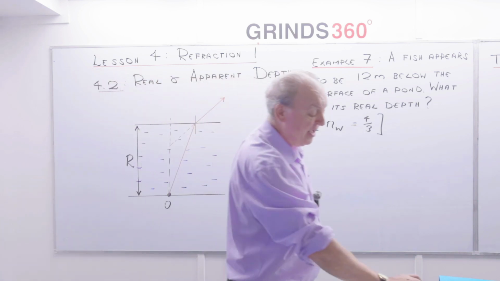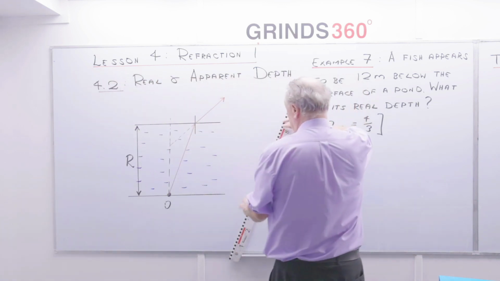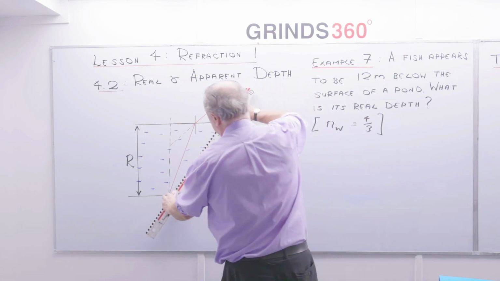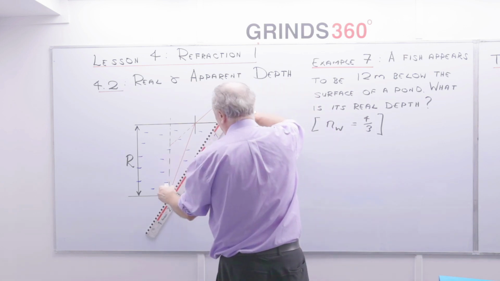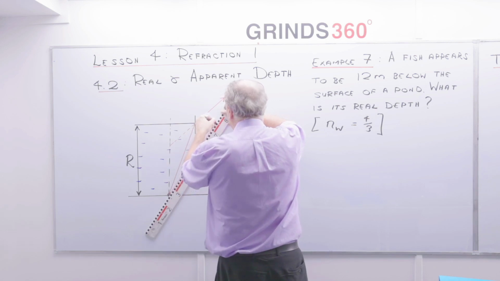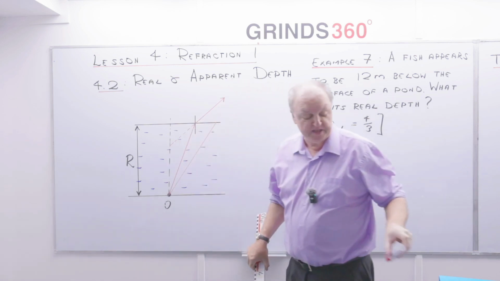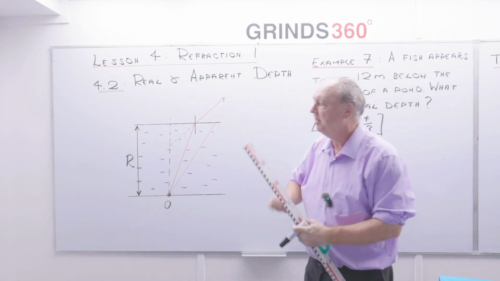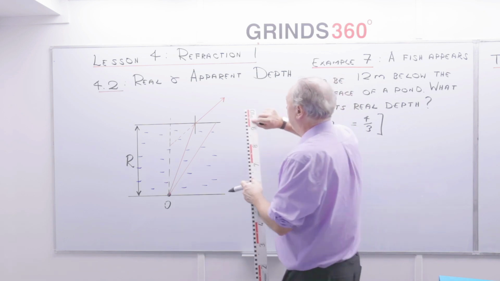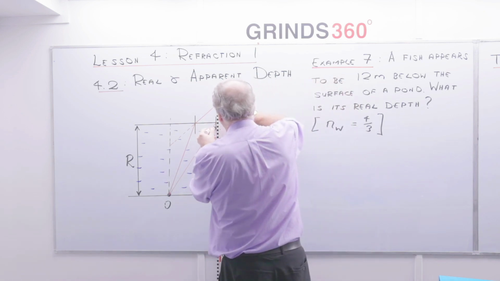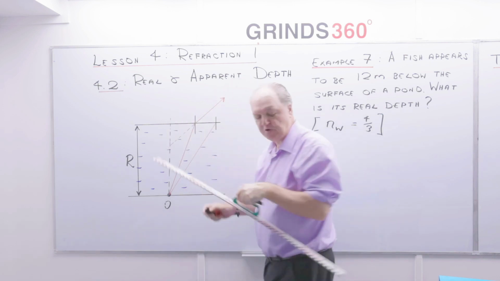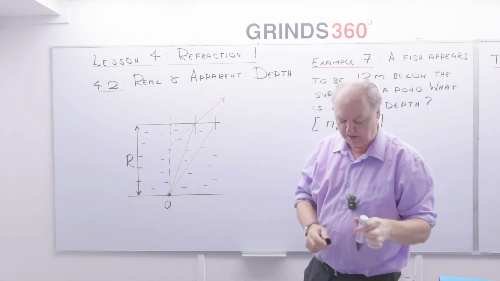Let me take another ray of light from that object. It goes up through the water and hits the boundary. Let me draw the normal in, a line perpendicular to the boundary. That ray of light is going to bend away from the normal.